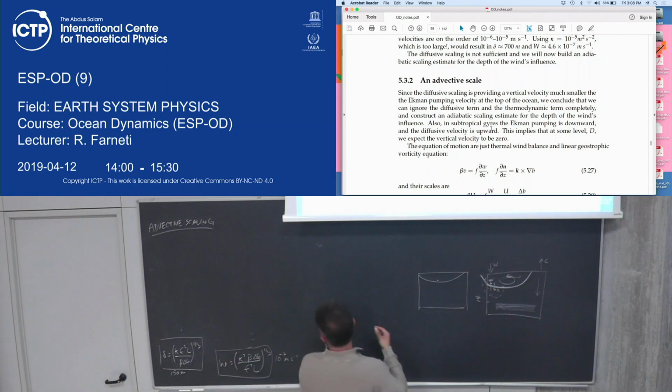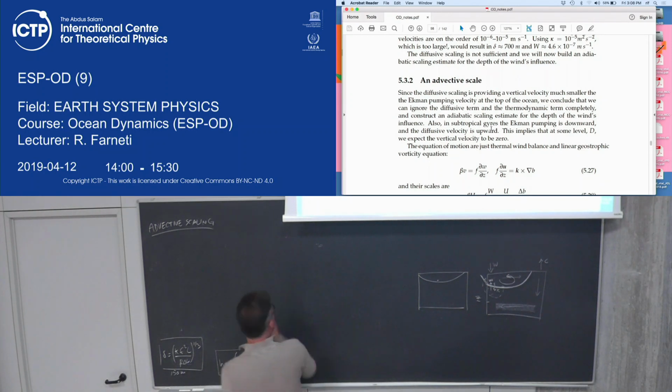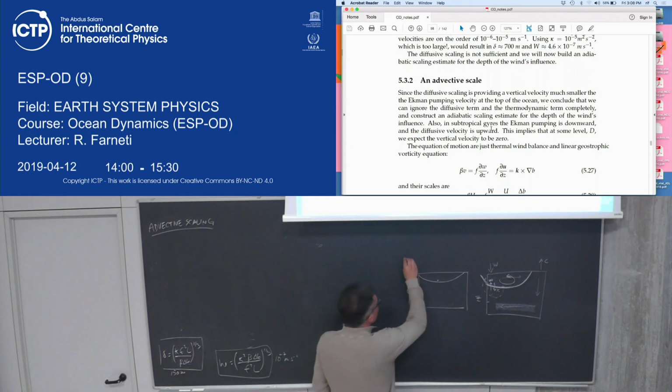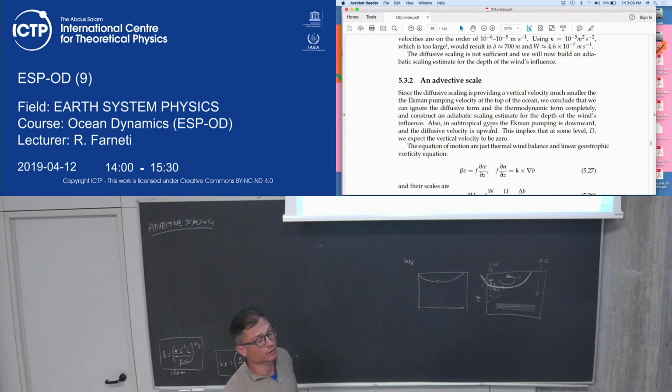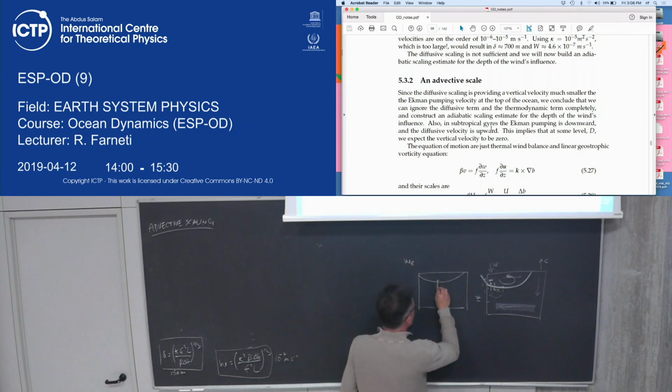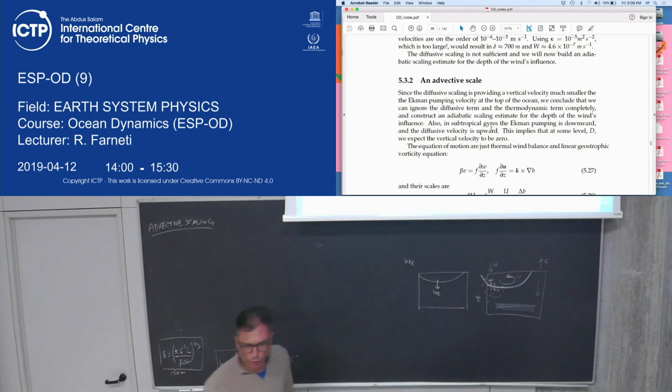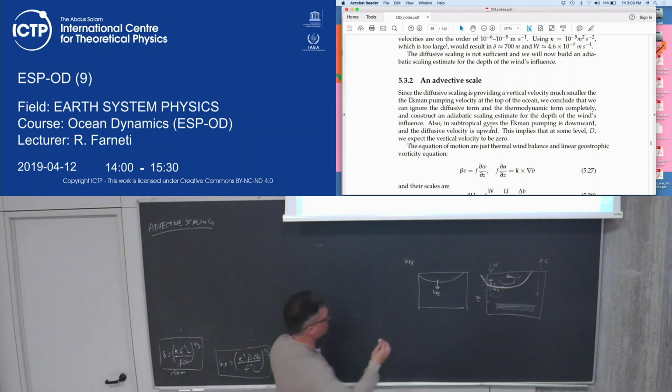Where is the Ekman pumping, or vertical Ekman velocity, directed to? Downwards, right? And so if you have a diffusive balance, where is kappa, the vertical diffusivity, directed to? Upwards.